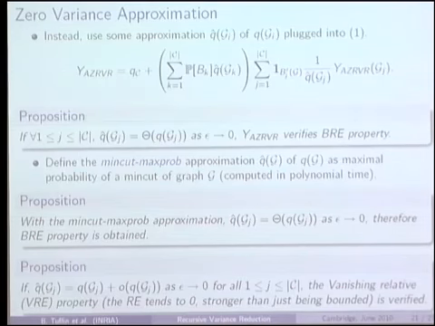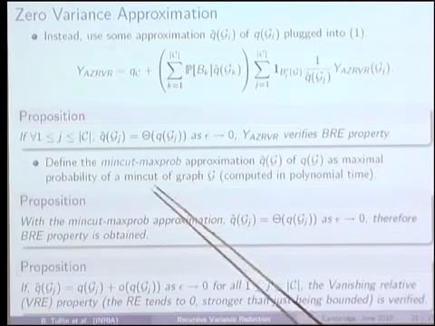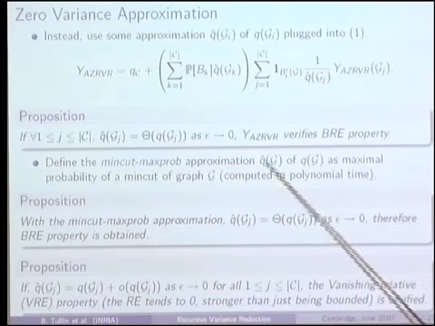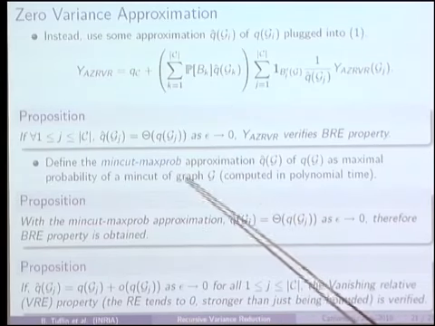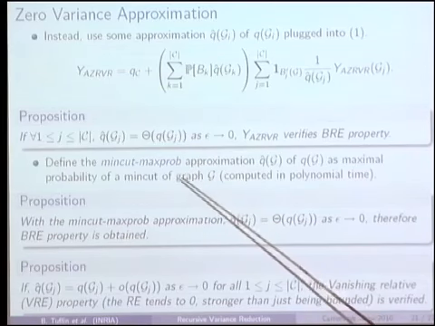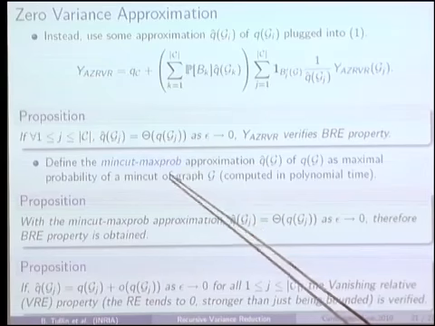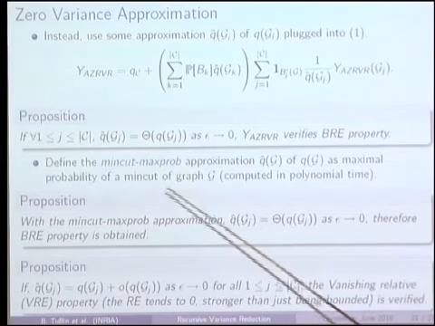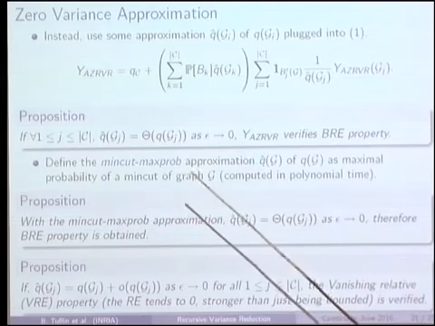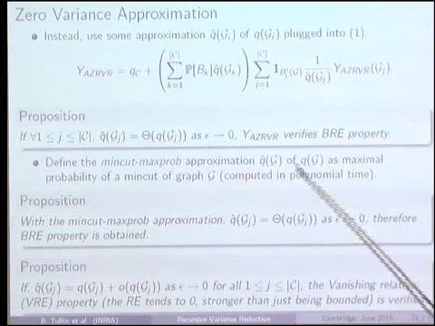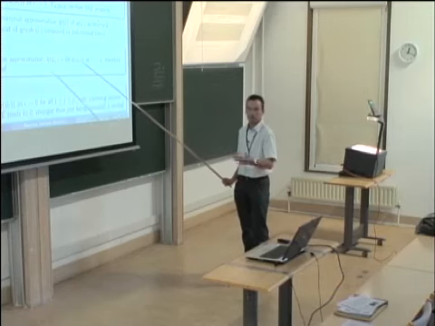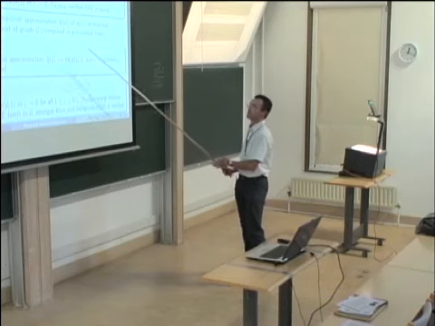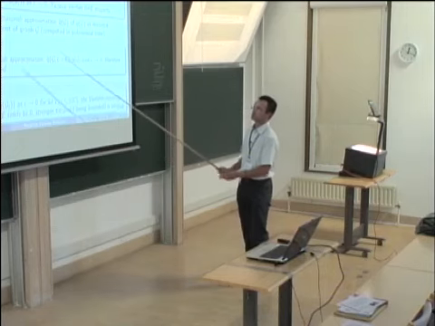So our choice as an approximation is to try to find a min cut of the graph, and to use as an approximation the probability of the min cut that has the maximum probability. So this can be computed anyway. For applying RVR, we had to compute min cuts. So now we just use the same method, and we use the probability of the min cut with the maximal probabilities.